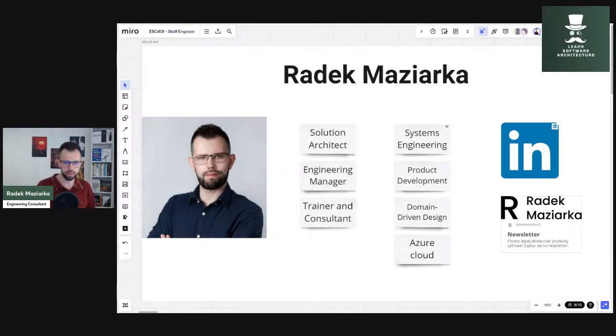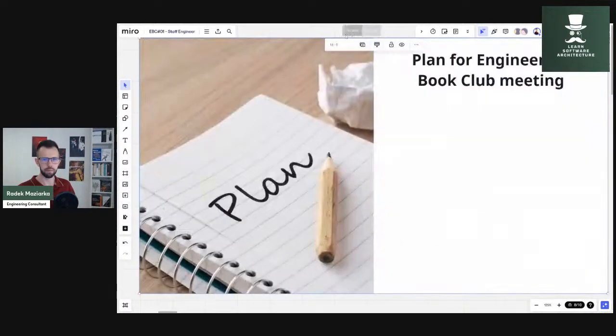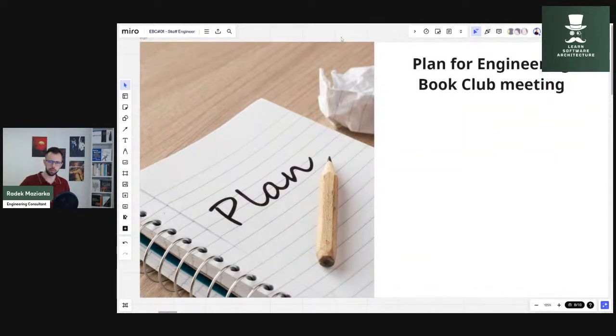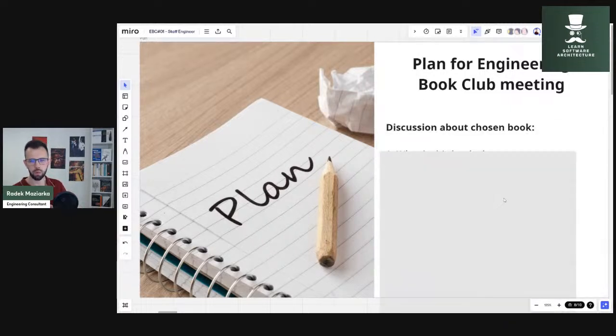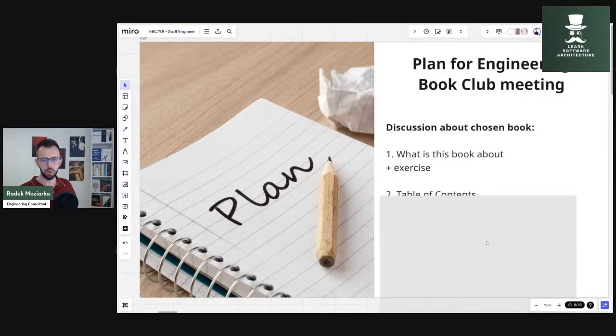And what's the plan of today's meeting? The plan for the engineering book club meeting is as follows. First, we're gonna discuss what this book is about, Staff Engineering by Will Larson, and there will be a short exercise to be conducted by you. So I strongly encourage you to join me on Miro. Then there will be another part regarding the table of contents, so what this book consists of, and there will be another exercise.